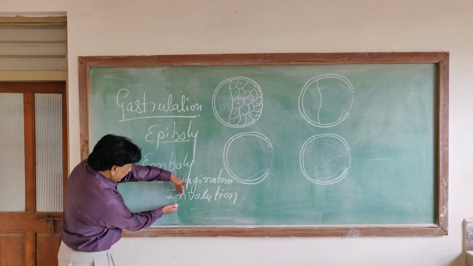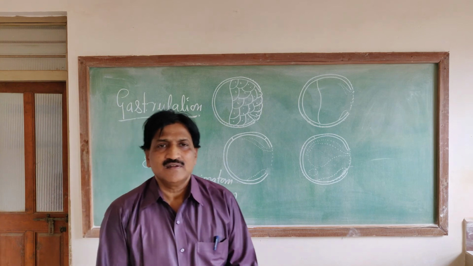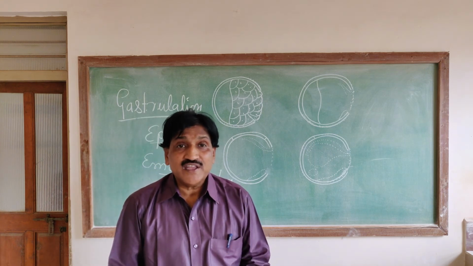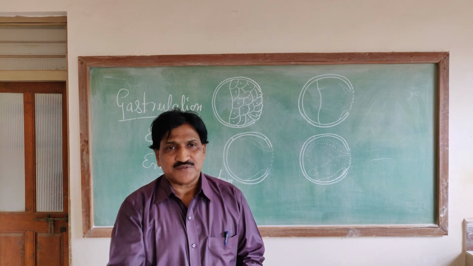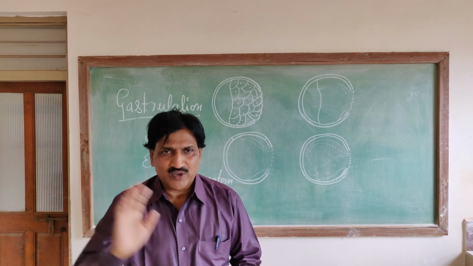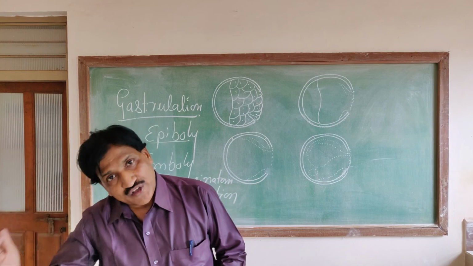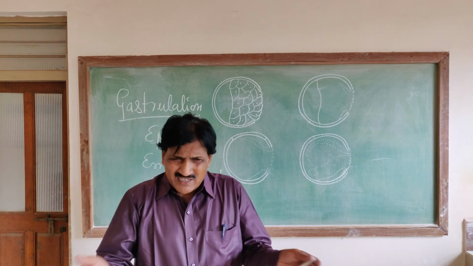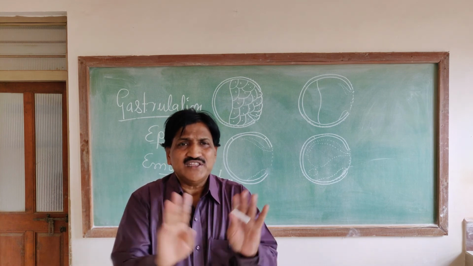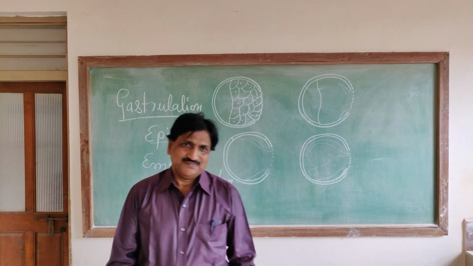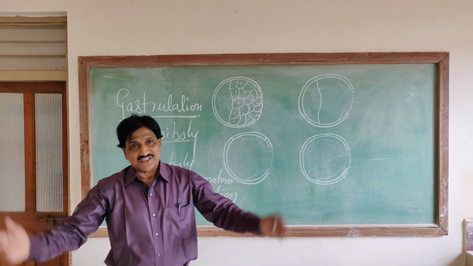Both invagination and involution come under embolic. That's all. What are the steps in morphogenetic movement? There are three steps: the first is epibole, the second is invagination, the third is involution. And sometimes convergence and divergence. Generally they will ask 2 marks questions on these.